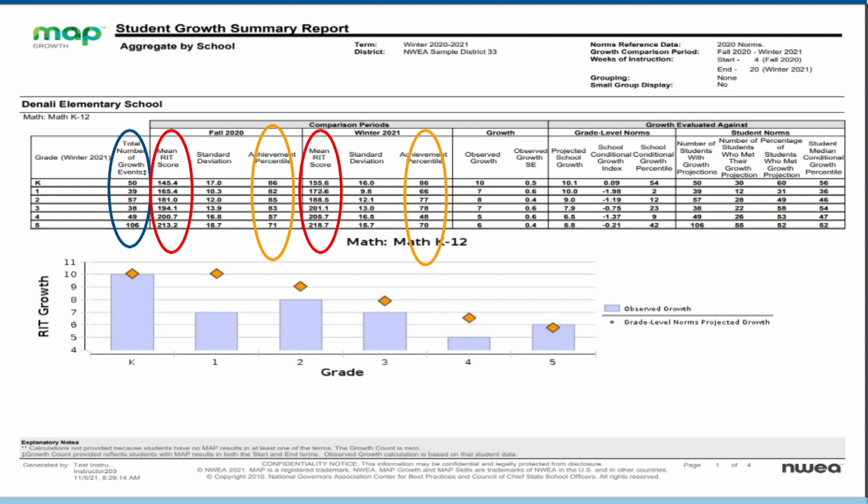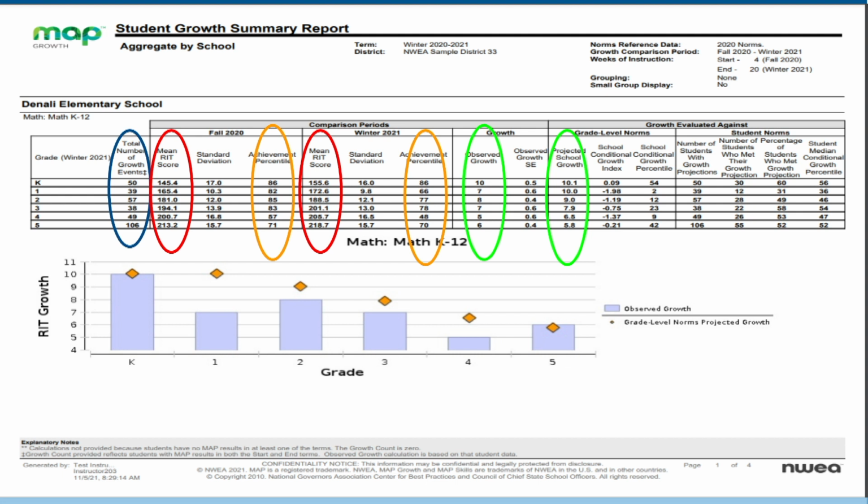That 155.6 in the winter is again at about the 86th percentile of what kindergartners score across the country during that same testing period.